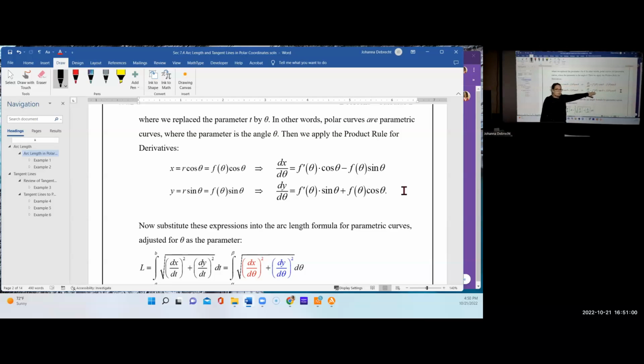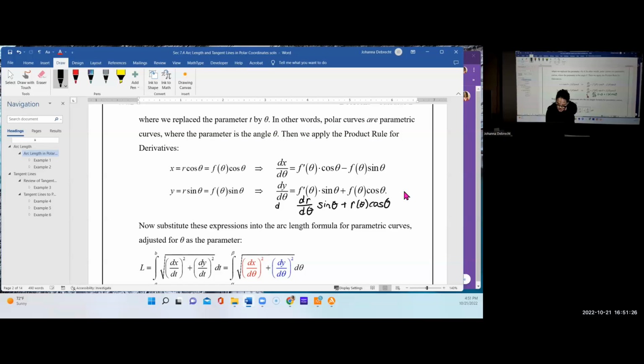And we do a similar thing for dy/d theta. We take the derivative of f of theta, which is r. So we could also think of that as dr/d theta times sine theta plus r of theta cosine of theta. So again, what we have here is dr/d theta sine theta plus r of theta cosine of theta.